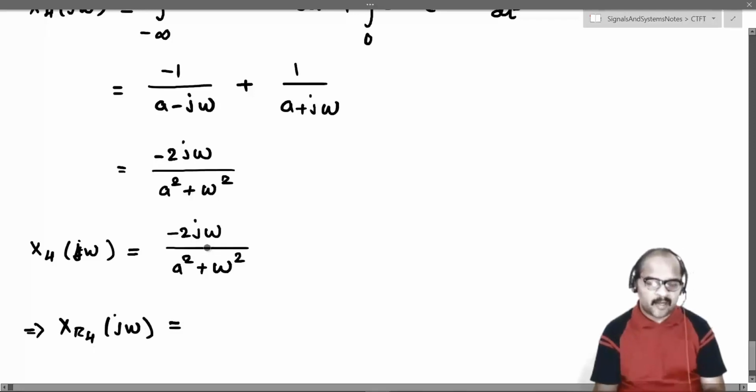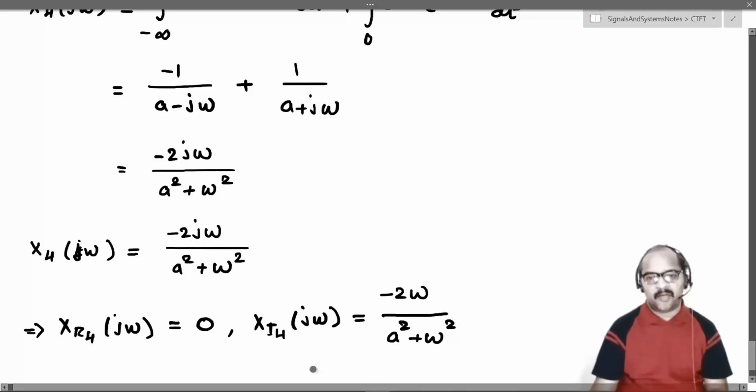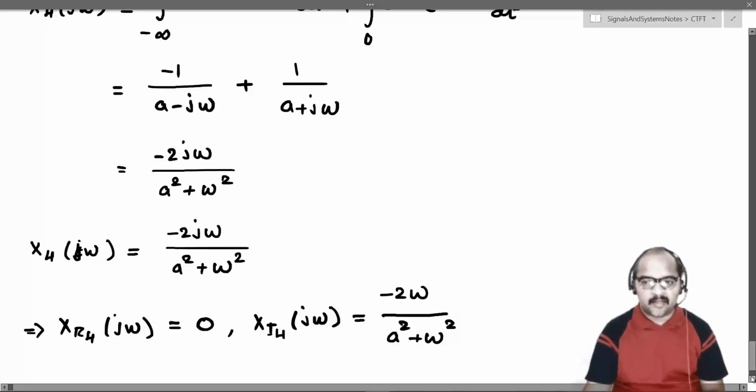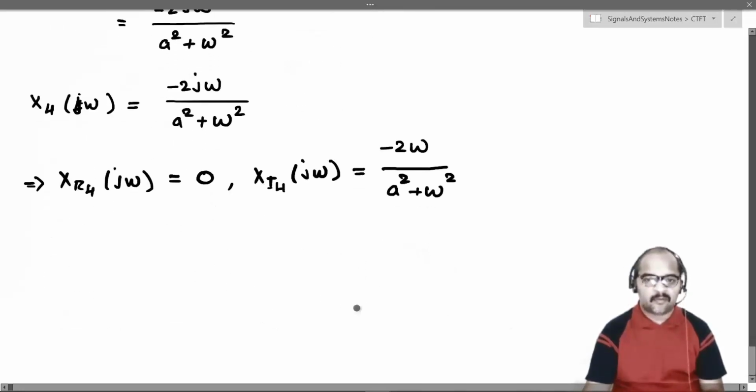It is like minus 2j, it is completely imaginary, and hence its real part is 0. And what about its imaginary part? Its imaginary part would be equal to minus 2 omega divided by a squared plus omega squared.